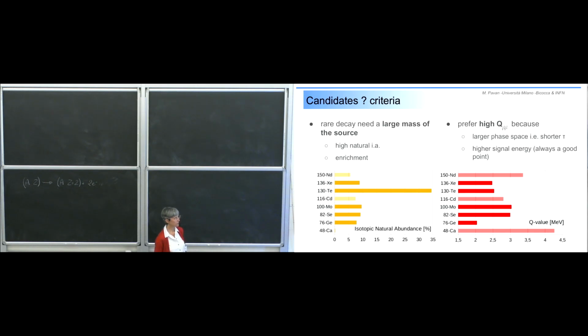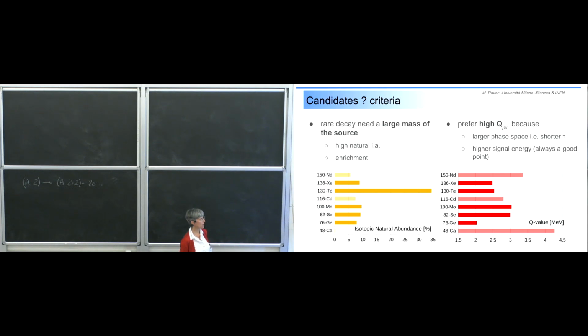There is another point that now I just quote in general terms. We will go back to it later. In general, it is better to look for decays that have a higher Q value, because also the signal that we will have to be able to find will be clearer in your data if the total energy is higher.